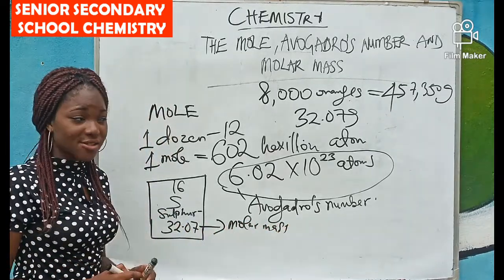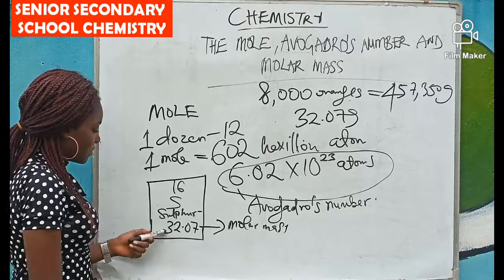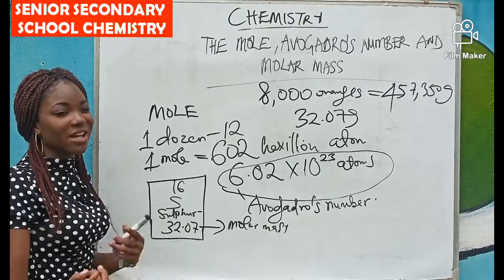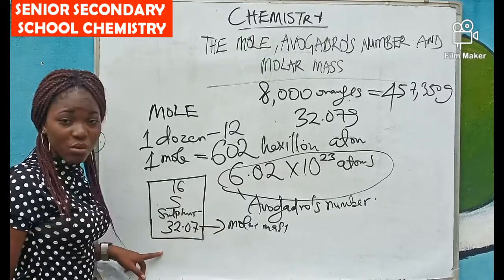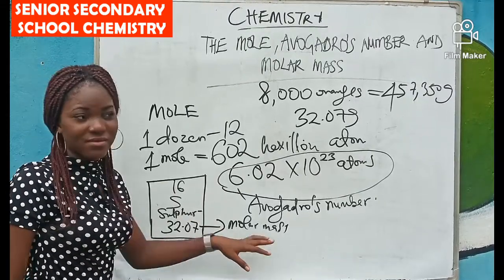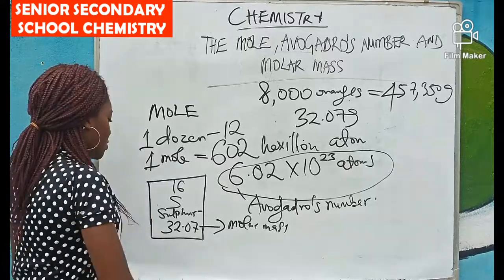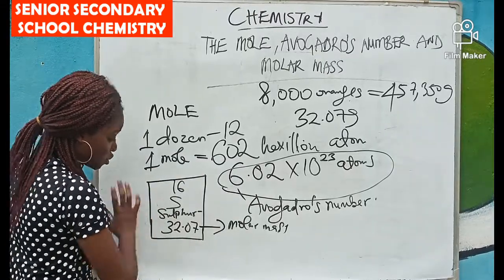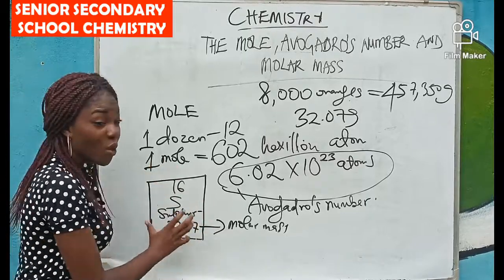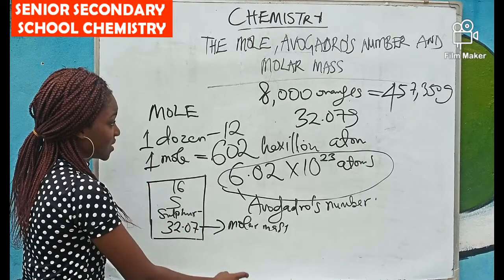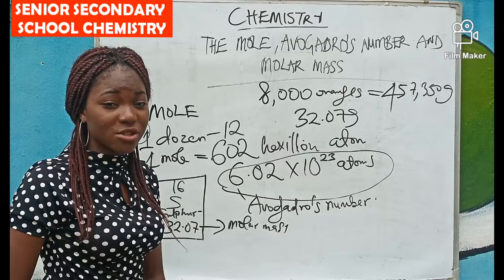The molar mass of a substance tells us how much 1 mole of that element weighs in gram. So the molar mass of sulfur tells us the weight of 1 mole of sulfur in gram. So that's how I got my weight of sulfur.